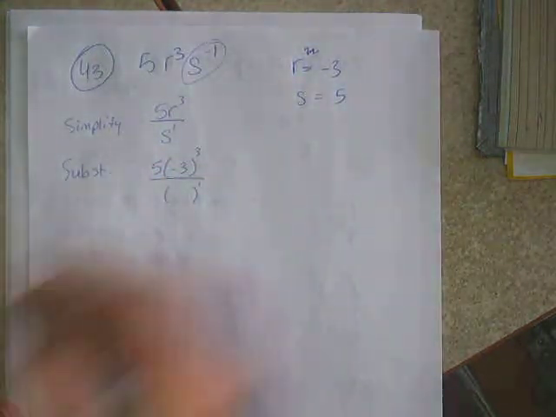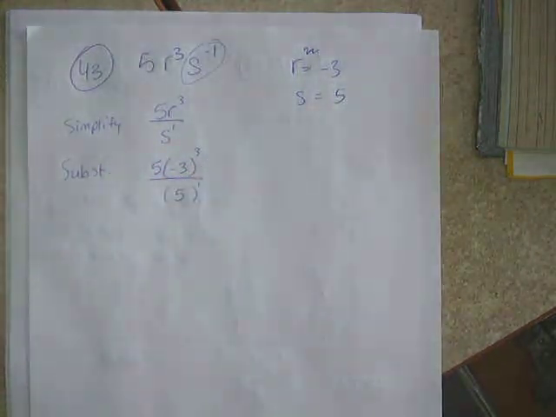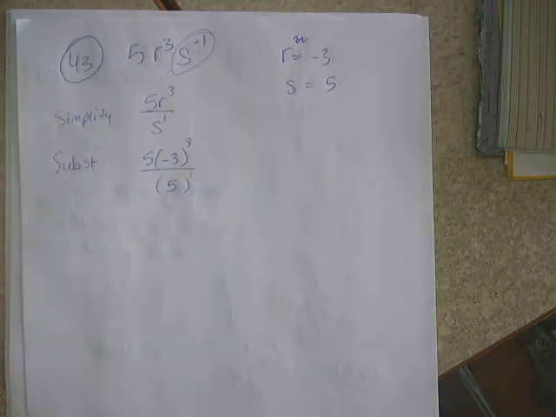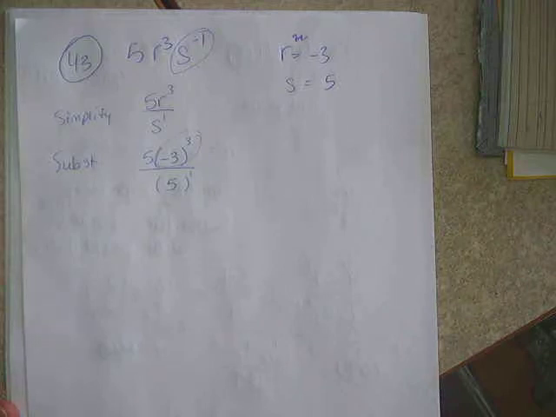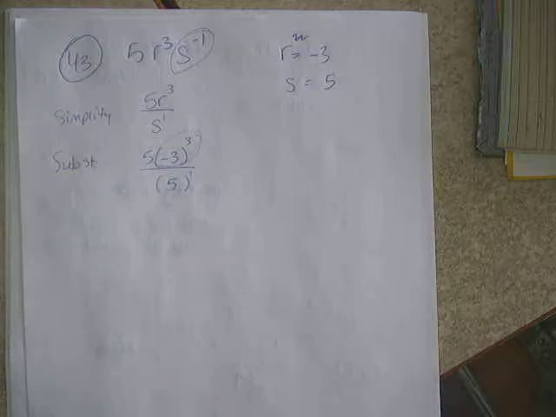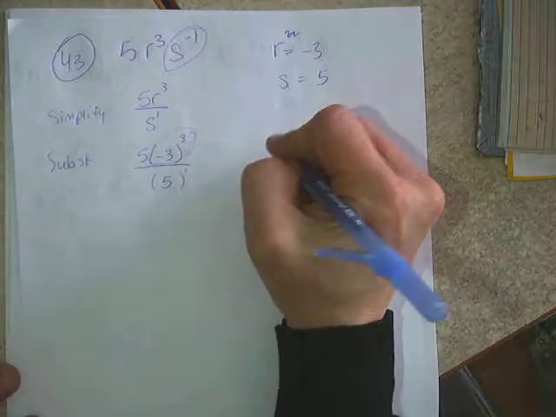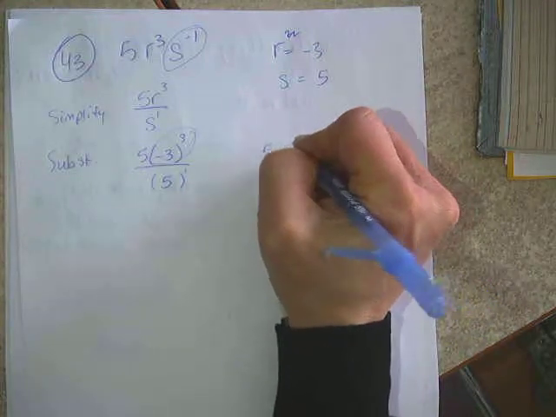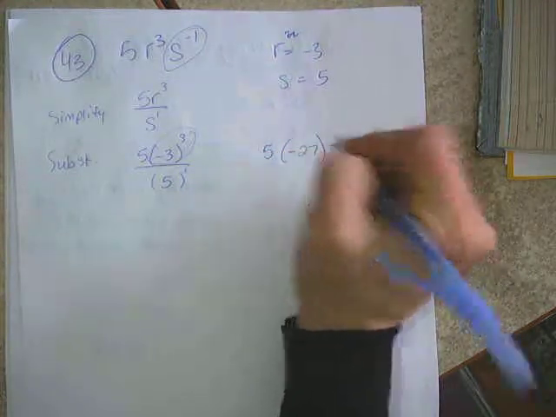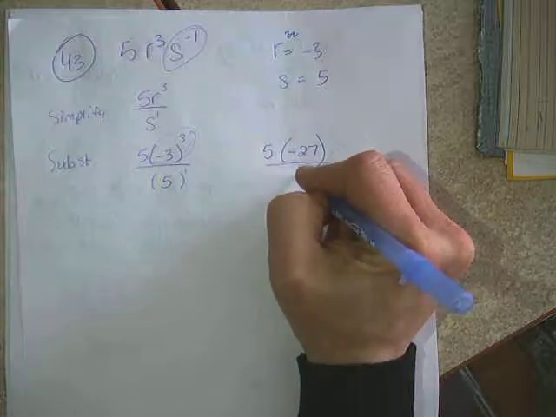So we have 5 parentheses cubed over parentheses, which is to the first power. R was -3. S was 5. Now, you have to do this first. So 3 times 3 is 9, times another 3 is 27, right?